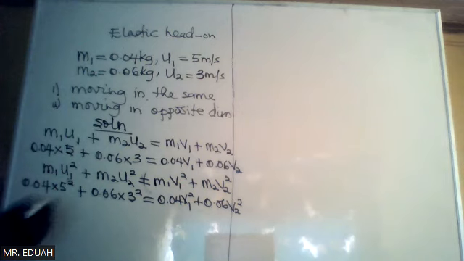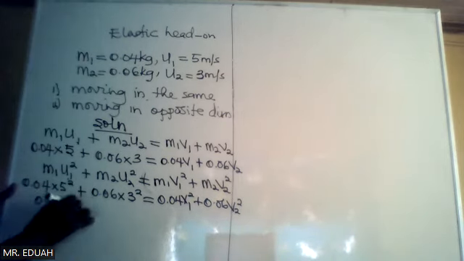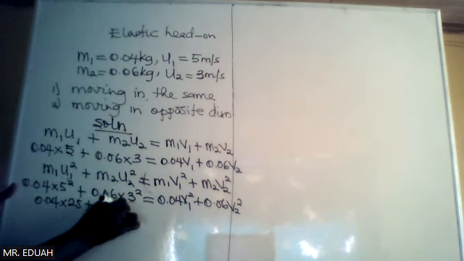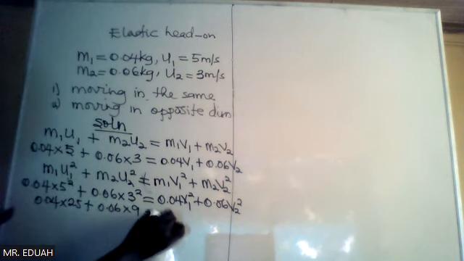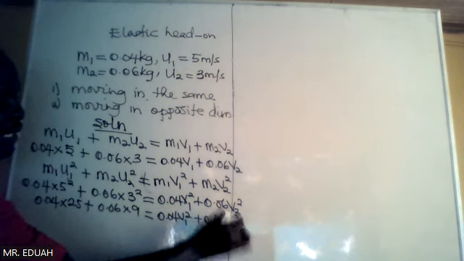So you play around. Is this 25? Okay, 25. 0.04 times 25 plus 0.06 times 9 is equal to 0.04 V1 squared plus 0.06 V2 squared.